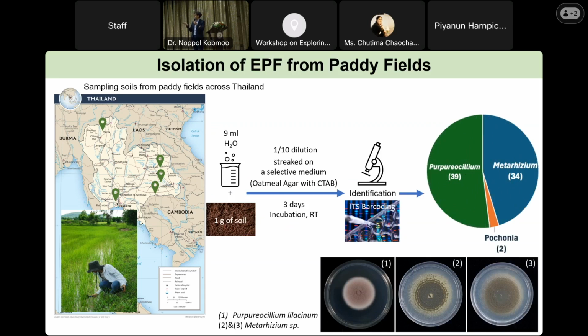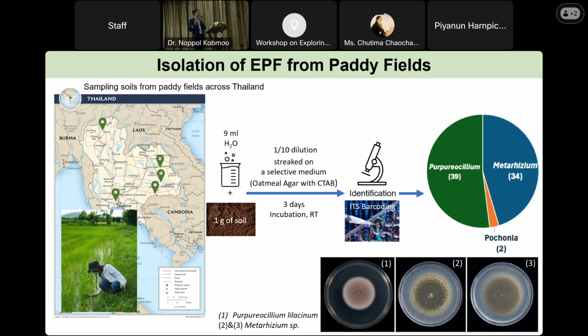All around Thailand we found 75 strains of soil-borne fungi from paddy fields, and the majority of them were identified as belonging to the Purpureocillium and Metarhizium genera, and some from Pochonia. Purpureocillium is a genus of the Hypocreales that is already well known to be soil-borne and to have pathogenicity against nematodes.